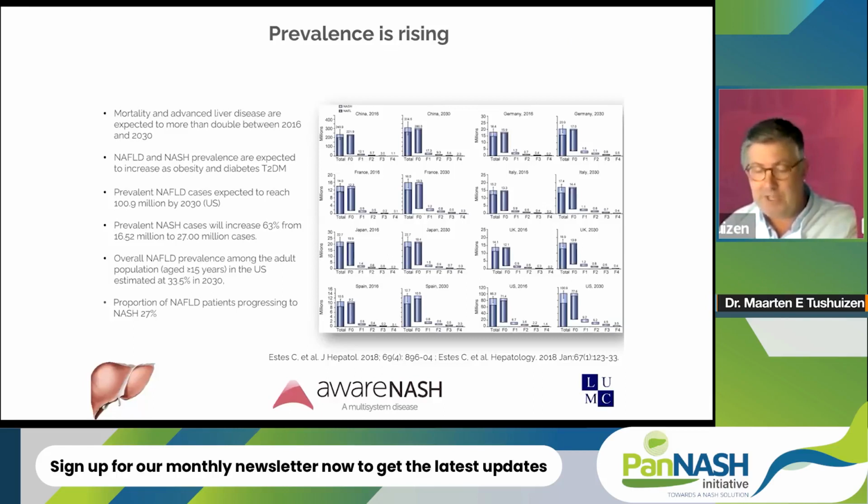Overall NAFLD prevalence among the adult population is projected at over 33% in 2030, and the proportion of NAFLD cases having progressed to NASH is projected to increase to 27%. So these are huge numbers of patients.